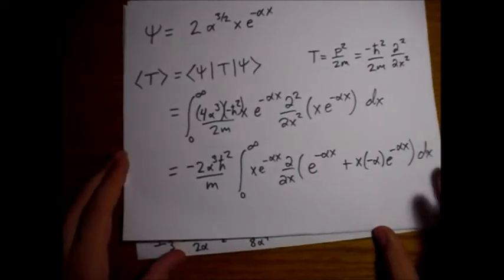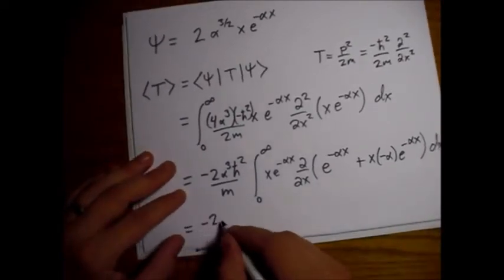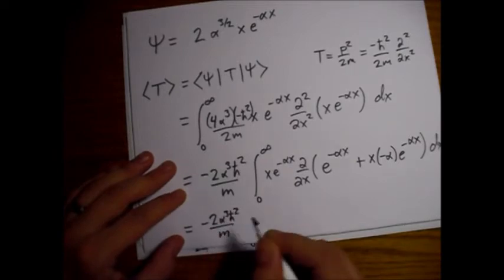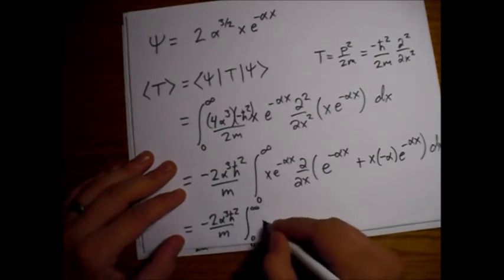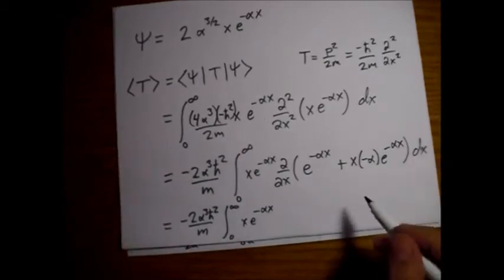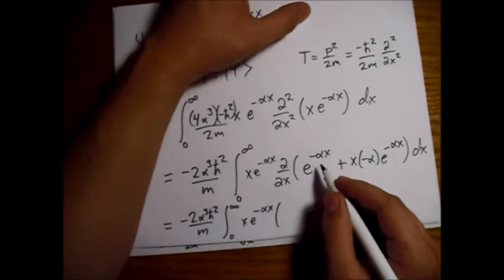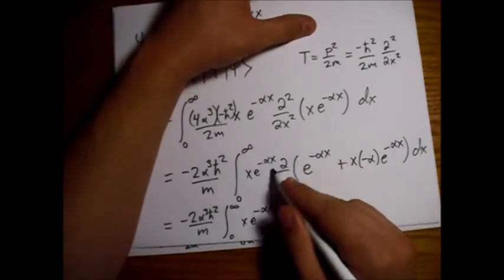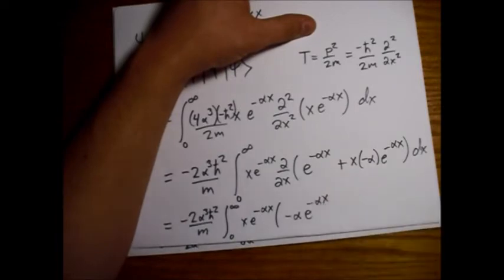Great. Minus 2 alpha cubed h bar squared over m. And let's go ahead and take these other derivatives here. So we'll bring down a minus alpha for this first derivative, e to the minus alpha x.